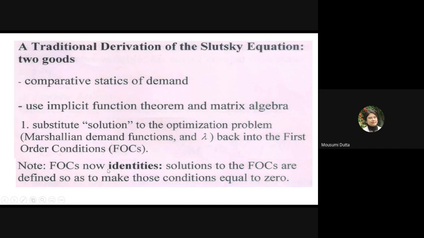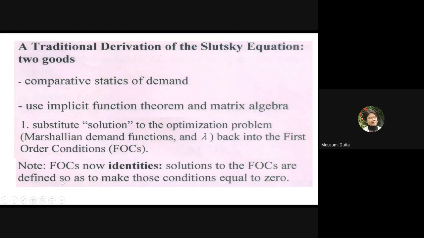Now, in this Slutsky equation, Slutsky considered the first order conditions as identities instead of considering them as equations. Since it is based on the value functions, Slutsky considered these same equations as identities, because the things are already derived.